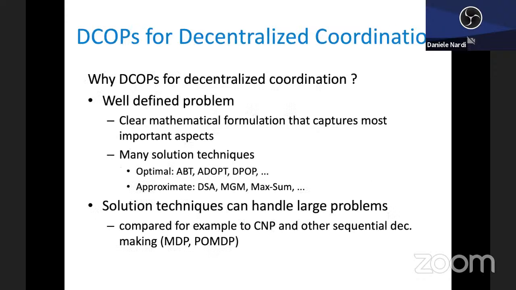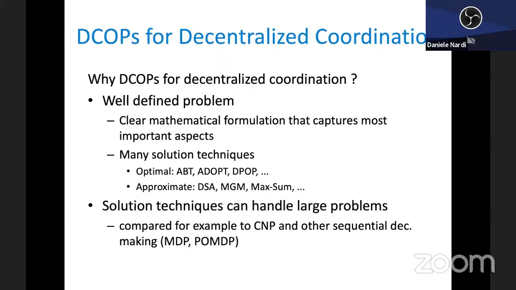Let's see some examples. But before we do that, let me introduce the terminology. We are talking about DCOP. I mentioned already the meaning of this acronym, which is Distributed Constraint Optimization Problem. This is the topic of our class today, and it's a well-defined problem, and also well-studied. So we are going to see only one of the exact solutions.